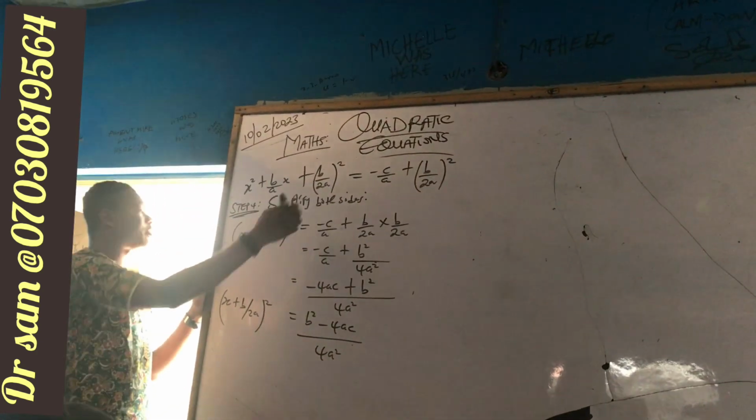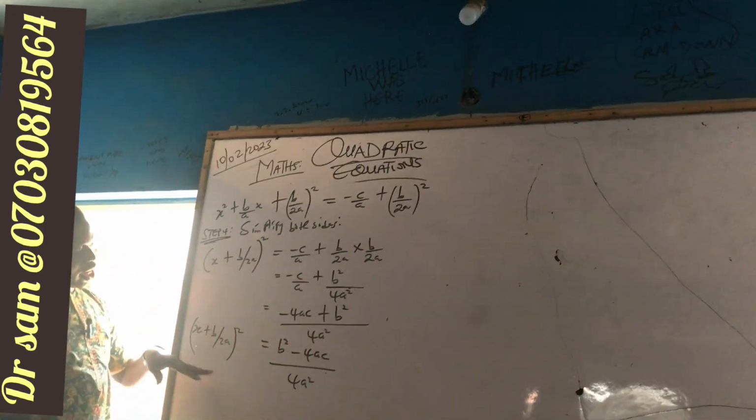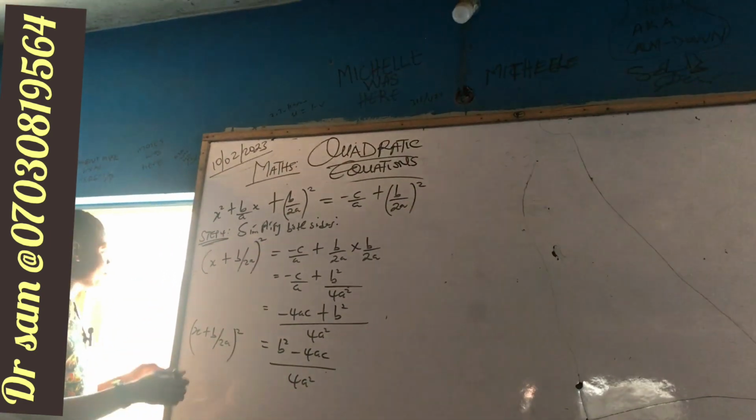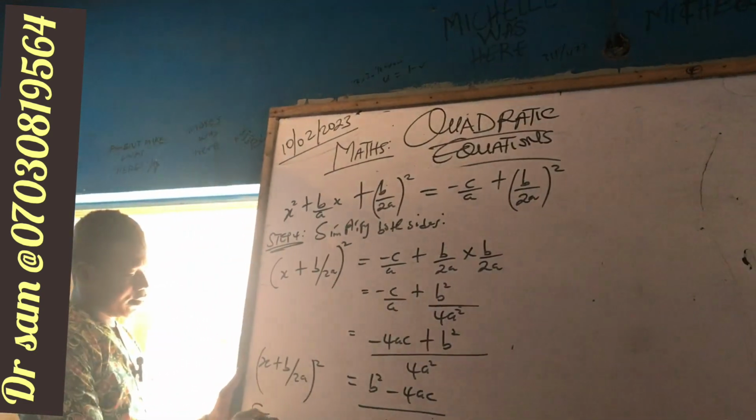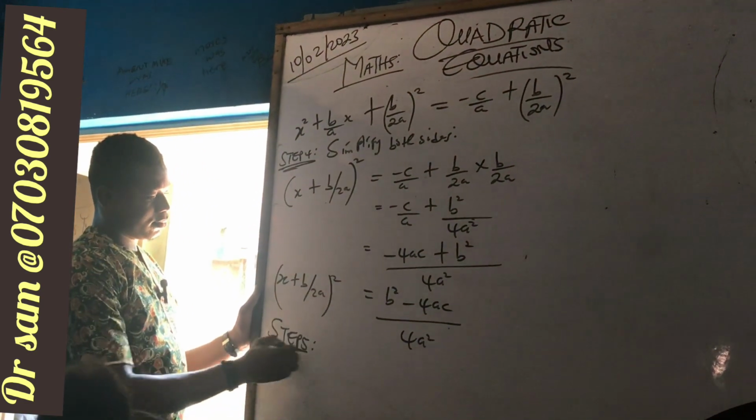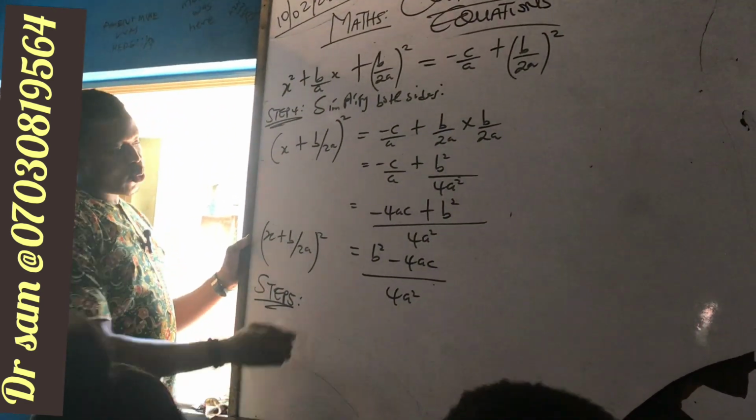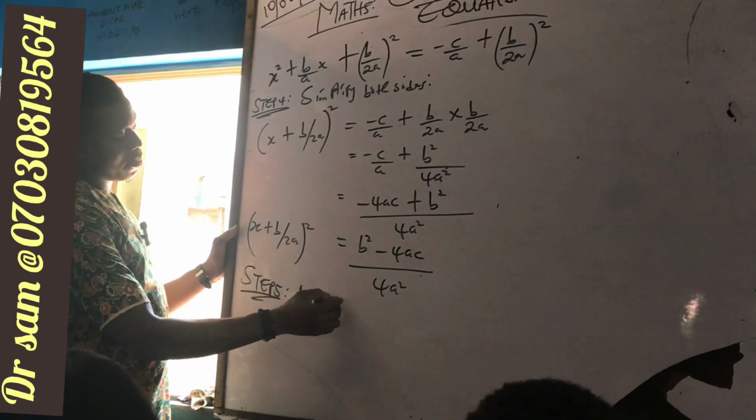So step 4 is to simplify both sides, which we have done. Now step 5. Take the square root of both sides. That's step 5.